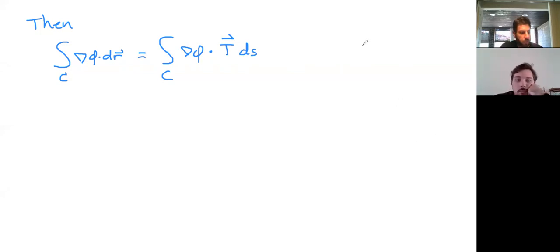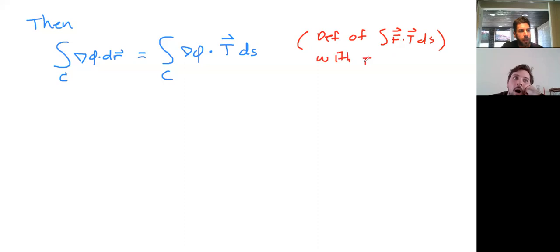This is the definition, but I'm not using F, I'm using F equal to the gradient of phi.